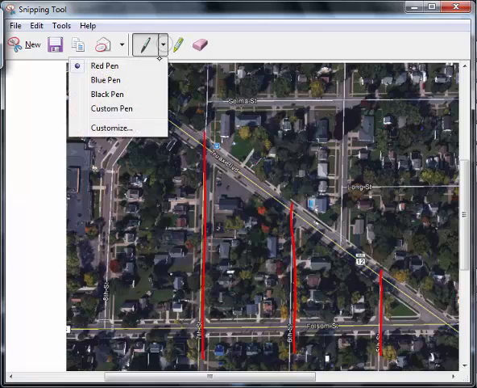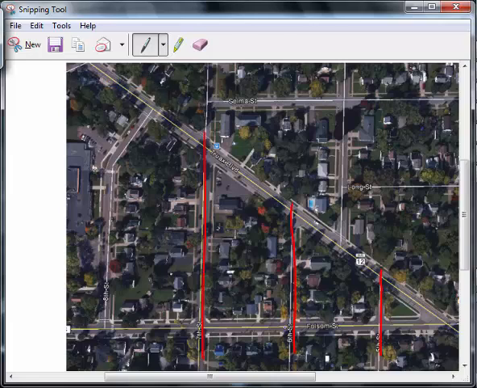All right? So right here, from here to here is, now I forgot what the distance was. 186 meters.